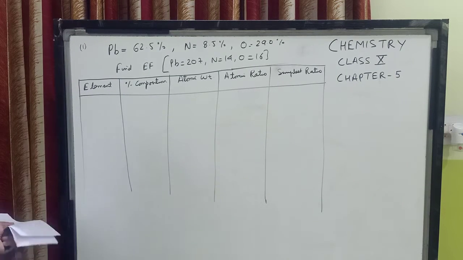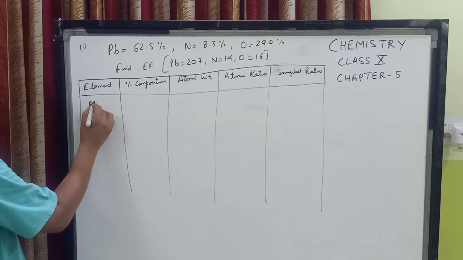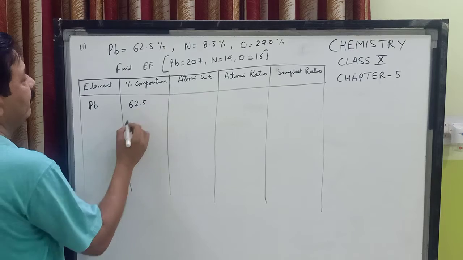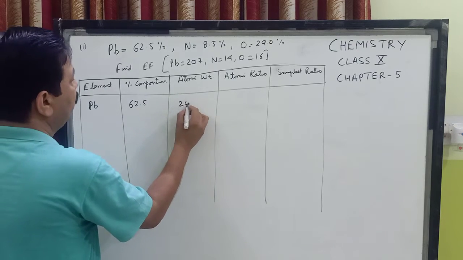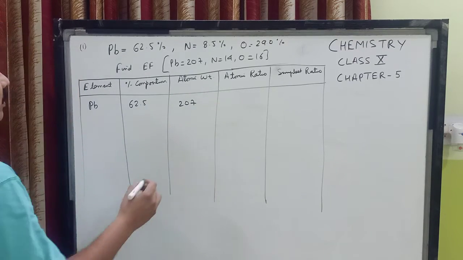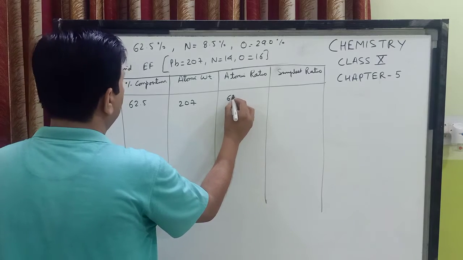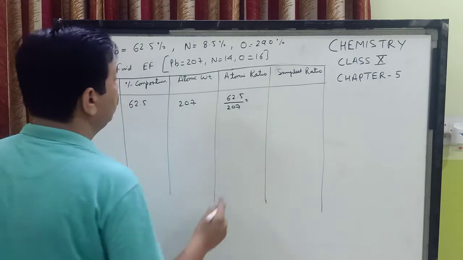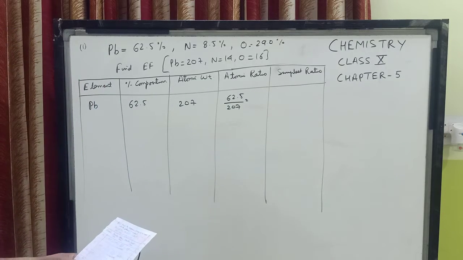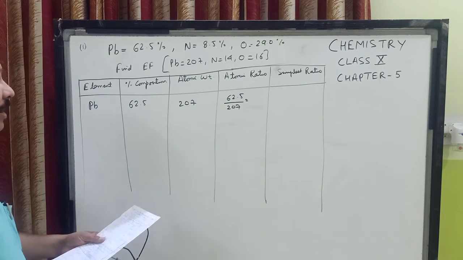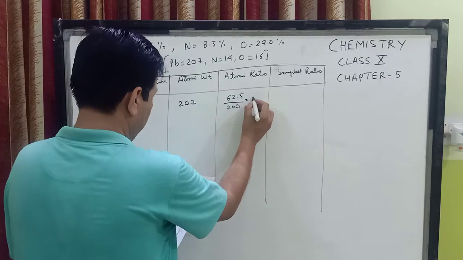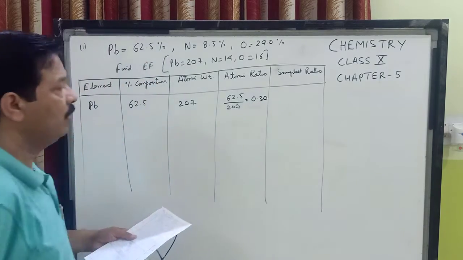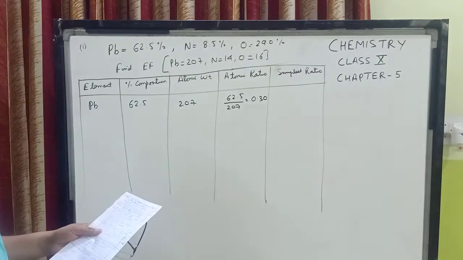The first element is lead, and for lead the percentage is 62.5, its atomic weight is 207. Atomic ratio means that we divide the percentage 62.5 by 207. This calculation will take time, so I have already calculated this value, and it comes out to be 0.30.